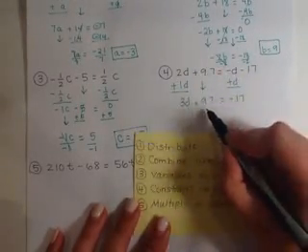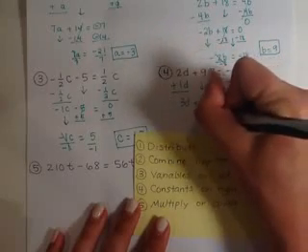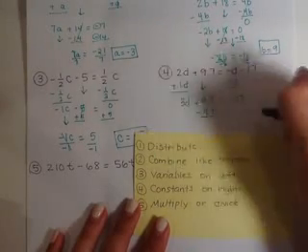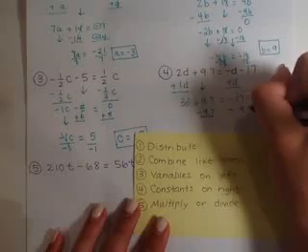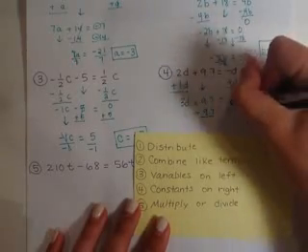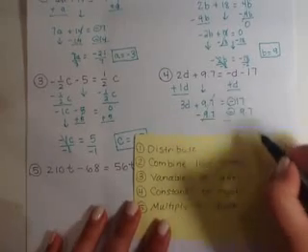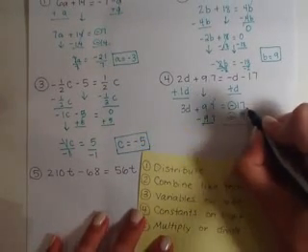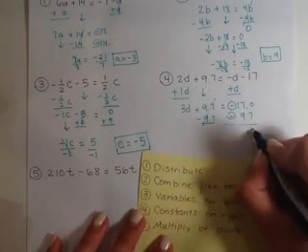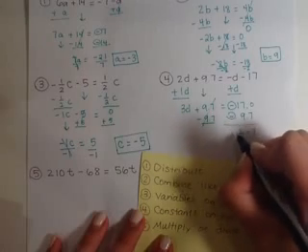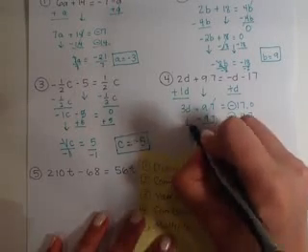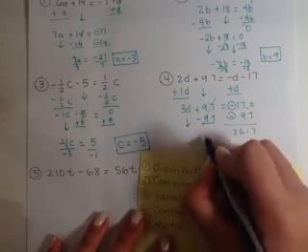Well, now I'll try to get my constants to the right. They're adding 9.7, so I'll subtract 9.7. Signs are the same, so add these two numbers. Bring down what I've not used.